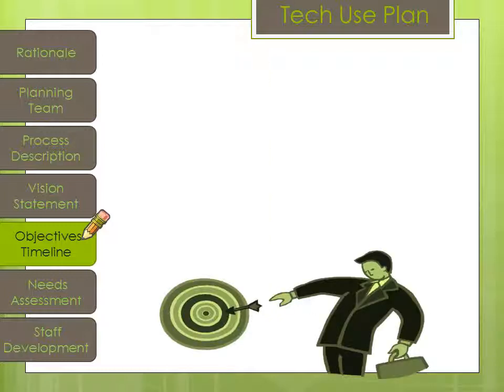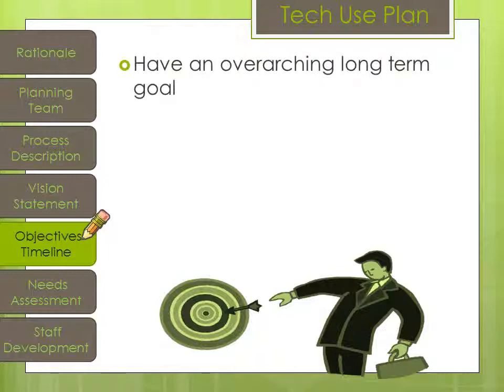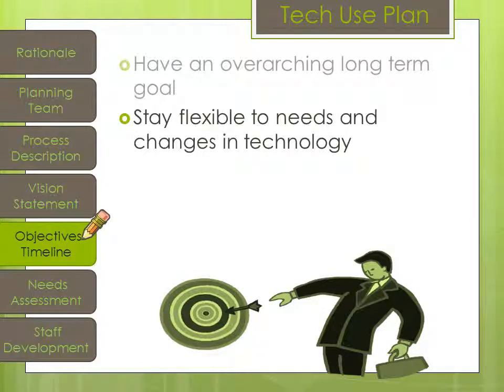So I guess the important thing that I'm trying to stress for meeting your objectives and formulating some type of timeline is have an overarching long-term goal, for one, to give yourself a vision. Stay flexible to the needs and changes in technology, the needs that you will need to meet with your school and with your students, and emerging technologies, which you may have no idea of the type of things that could be coming up.